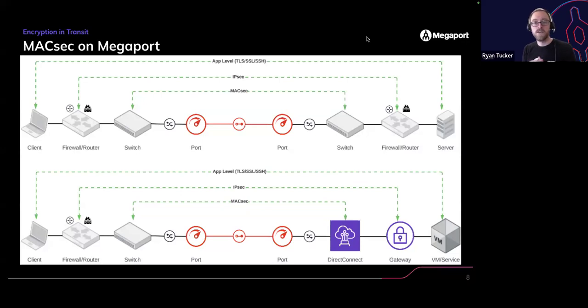For IPsec operating at layer 3, typically you'll have a tunnel from a firewall or a router across potentially multiple hops across a layer 3 network to another firewall or router or VPN appliance on the other end. And that tunnel will carry traffic from all of the devices behind the firewall and router on each end.